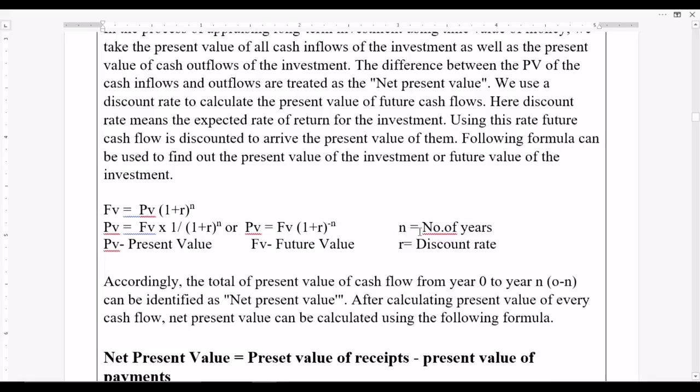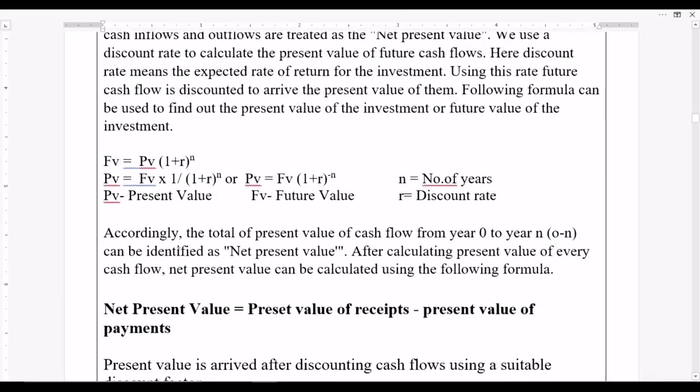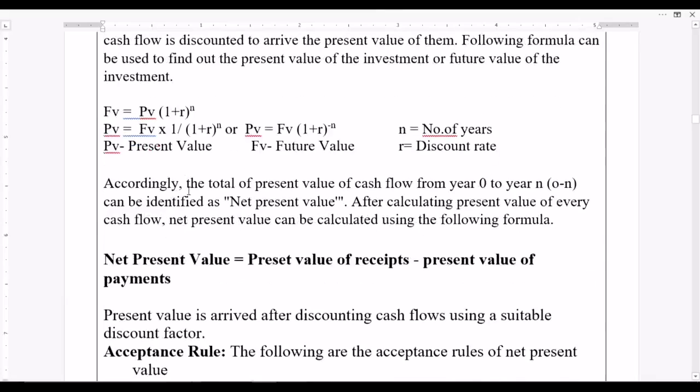Here n denotes number of years, r denotes discount rate, FV denotes future value, PV denotes present value. Accordingly, the total of present value of cash flow from year 0 to year n can be identified as net present value.